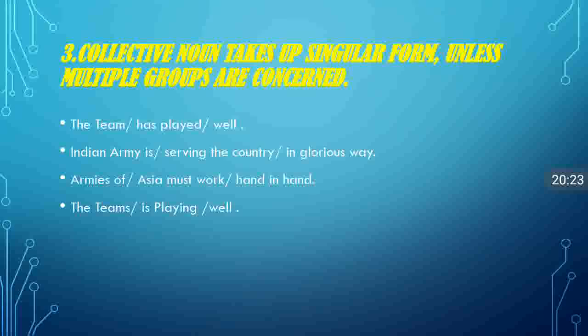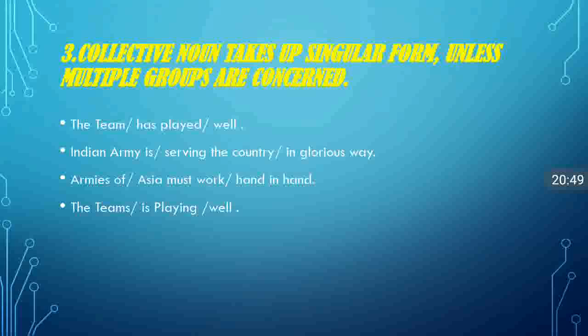That is normal logic. If I say team, team consists of many people, but it will be taken singular because I am talking about a single team. We will not see how many people are there in the team. We will see just the team, and team is one. That is one group. We will consider it singular. But when I am talking about more than one team, I am saying teams. Then teams is plural.